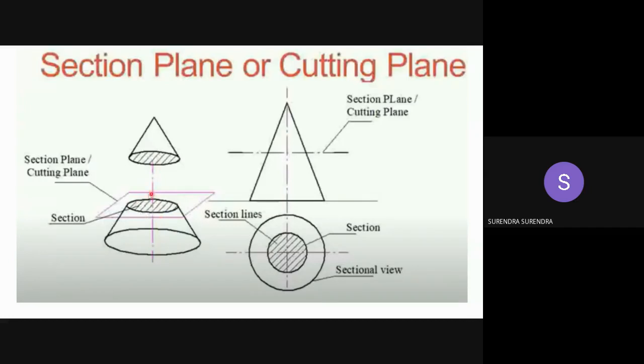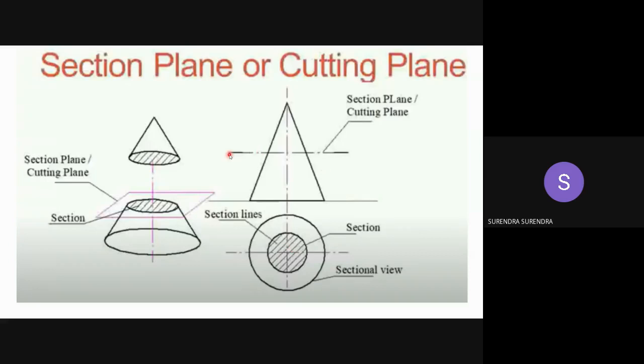For clearly representing the section area, we represent it with parallel lines inclined at 45 degrees. This is the region where the cutting plane is cutting the solid. So this representation is called sectioning or hatching.